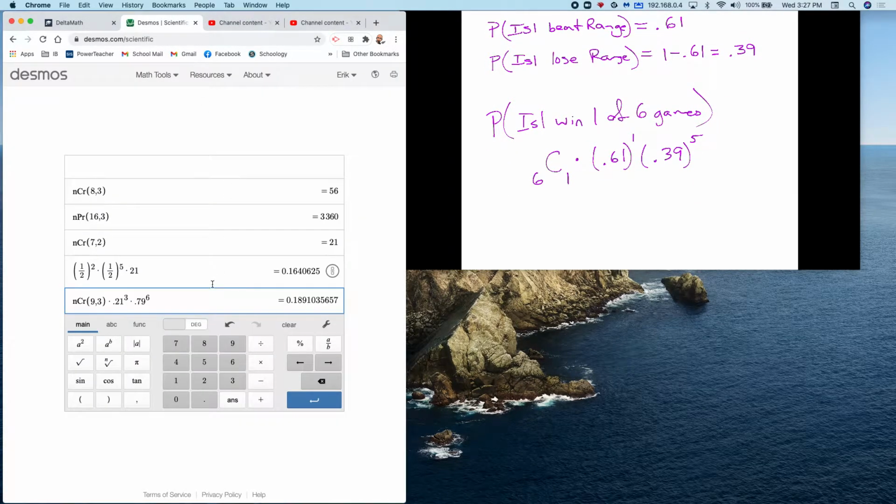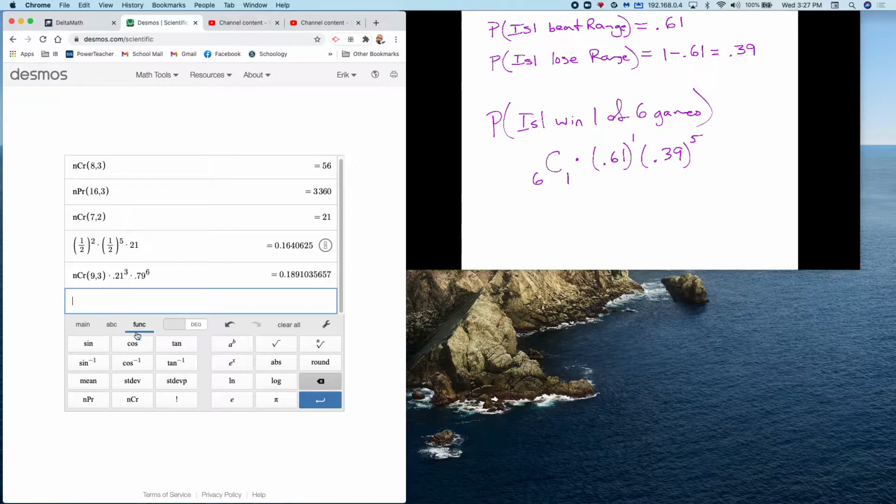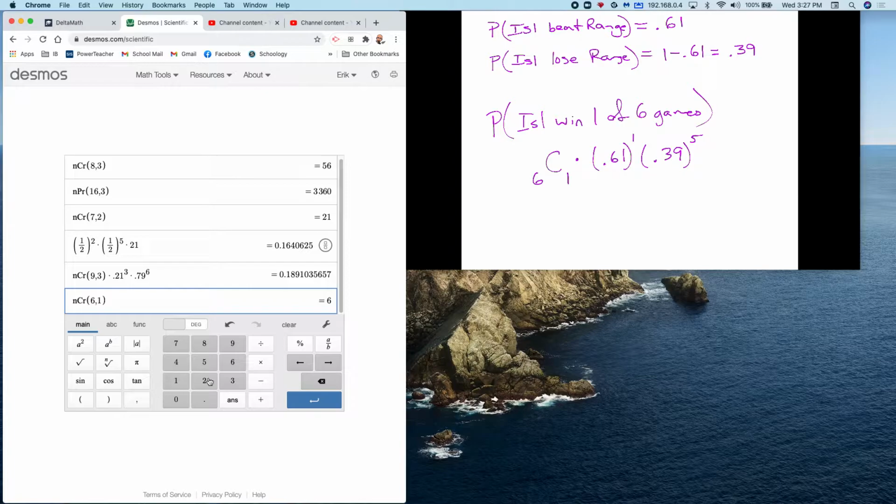So remember, you get the combinations by going to functions, nCr, do 6, comma 1. I'm going to go back to the main, close that, and do times 0.61.